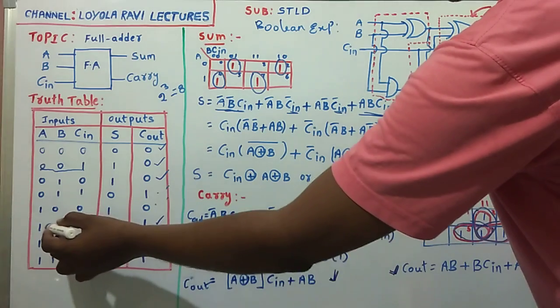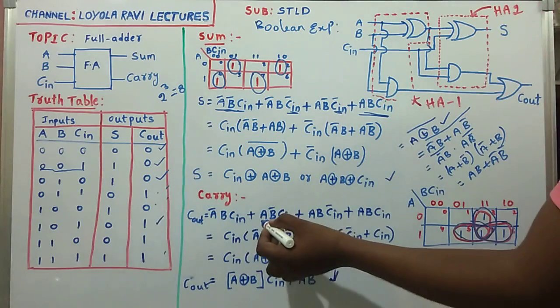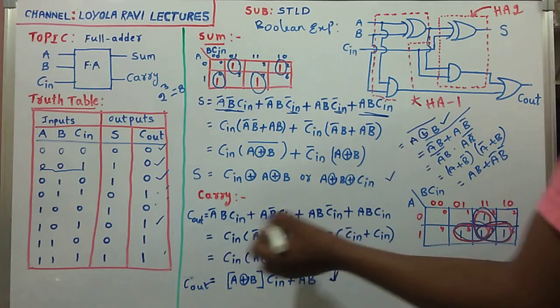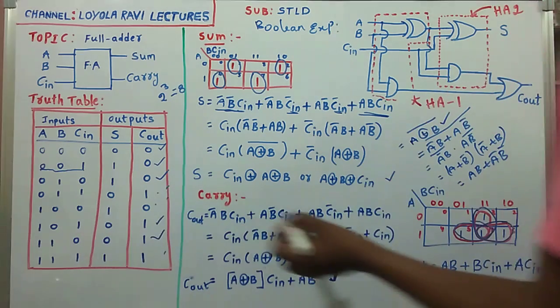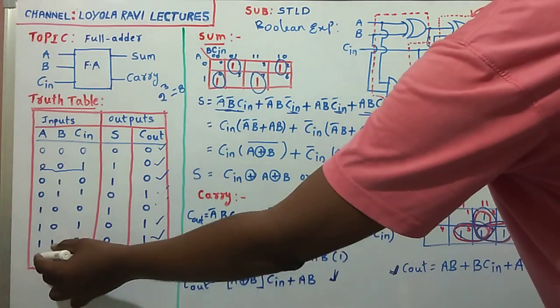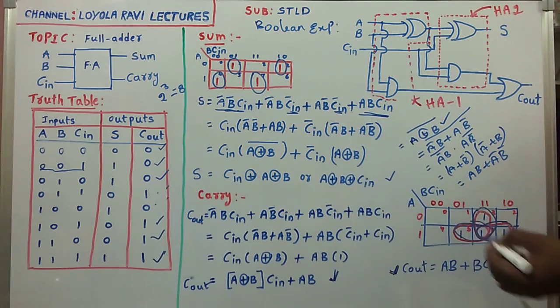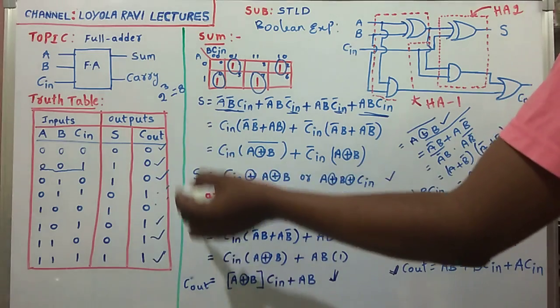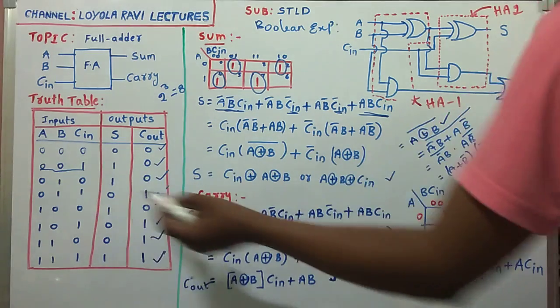The corresponding input is 1 0 1: A, B bar, C in. Plus, where we are getting high? A, B, C in bar. Plus, where we are getting high? All are high: A, B, C in. From the truth table, where we are getting carry high, those corresponding inputs I am directly writing.